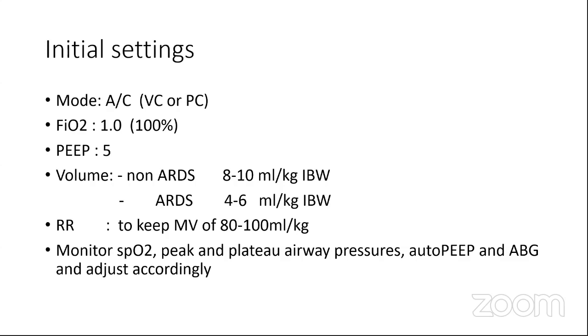So this explains that you first set the volume and then you set your respiratory rate to try to maintain your minute ventilation initially as 80 to 100 milliliters per kg. After your initial settings, you monitor the patient, you take an ABG, you check the pressures on mechanical ventilation, and then you adjust accordingly, according to the patient's needs and the pressures you get. You can change your settings based on that.